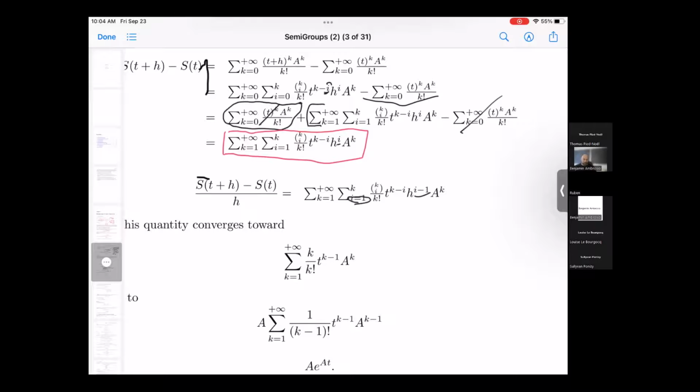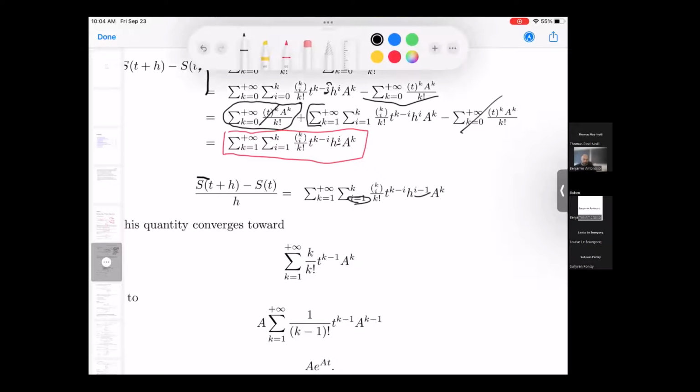That's it, because now for i equals 1, I obtain exactly this quantity, but k divided by factorial k is 1 divided by (k minus 1) factorial. I put the A in front, and I obtain exactly A exponential of At. So what did we prove?